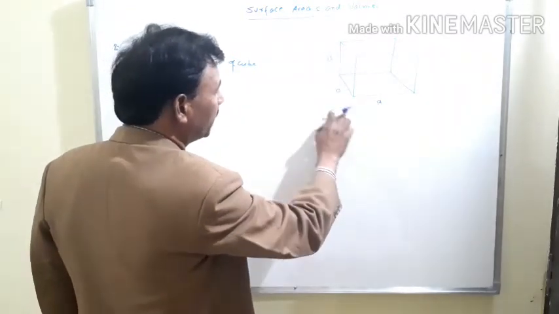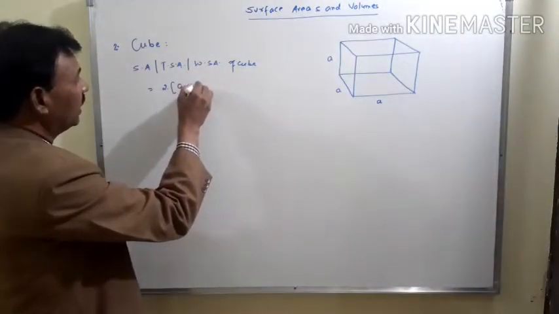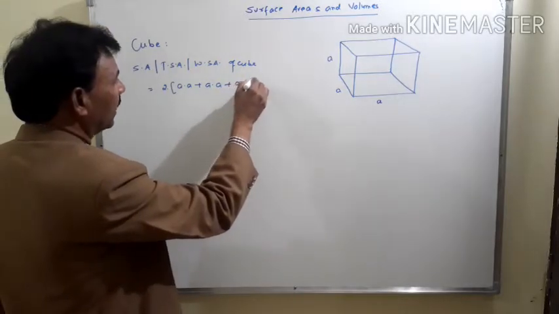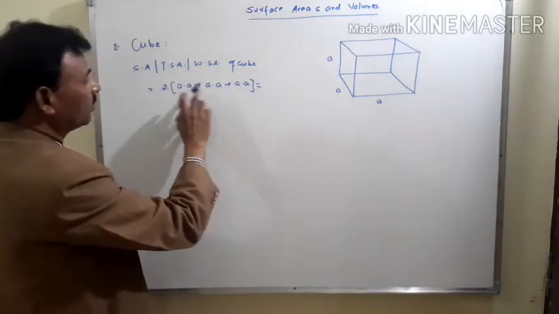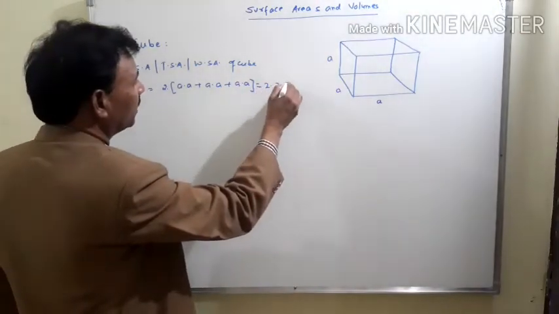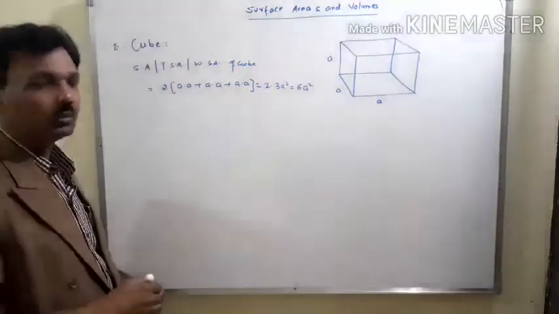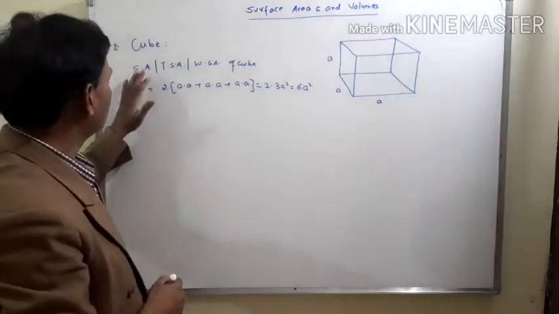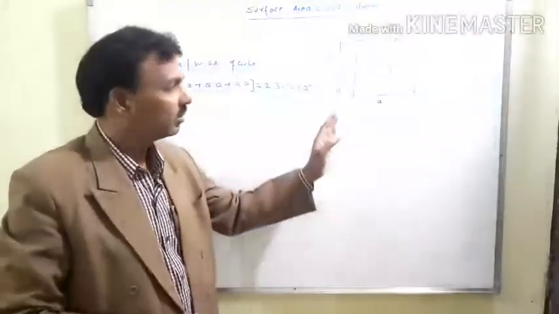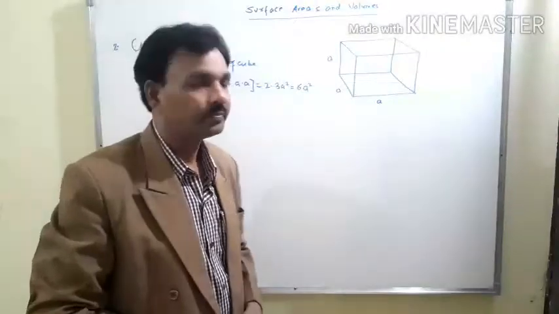That means this will be A into A plus A into A plus A into A. That means this will be A square plus A square plus A square. That means 2 into 3A square equals 6A square. That means you can say that the surface area of a cube is equal to 6A square because all faces are the same.